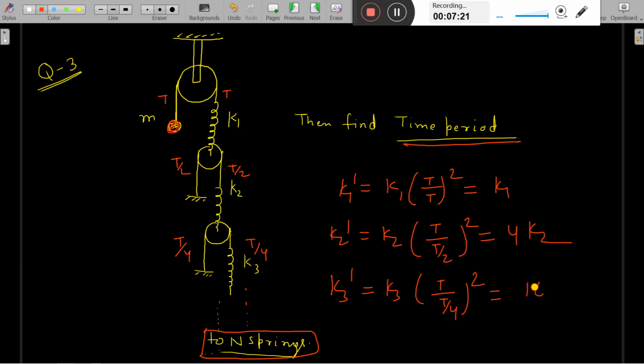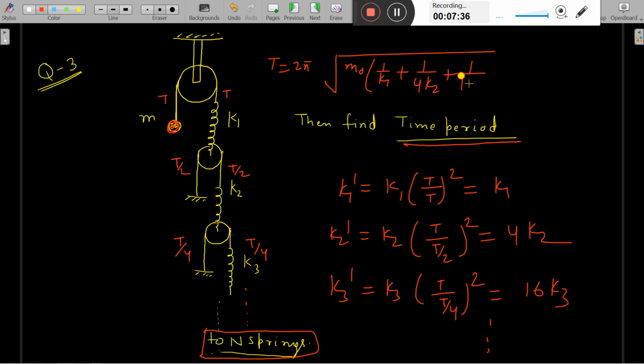That comes out to be 16k3, and so on. So what will be the time period? The time period comes out to be 2 pi under root m naught times (1 over k1, 1 over 4k2, 1 over 16k3 to n terms). So this is our required time period.